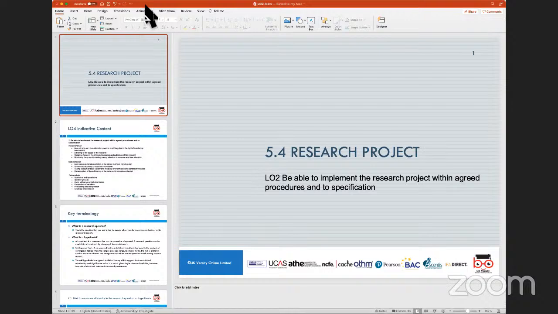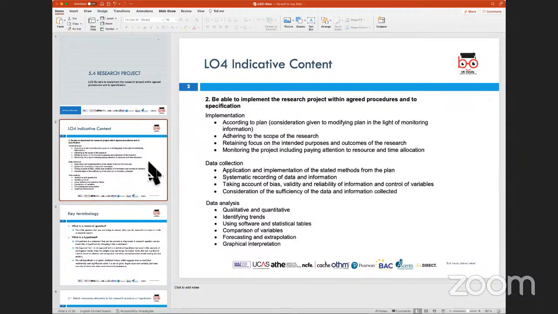When we look at covering this particular learning outcome, we are looking at three aspects of it. One is implementation, second is data collection, and the third part is data analysis. So I've added a few slides which will give you an example of how implementation is done, how collection of data is done, and then how we look at doing the analysis towards the end.